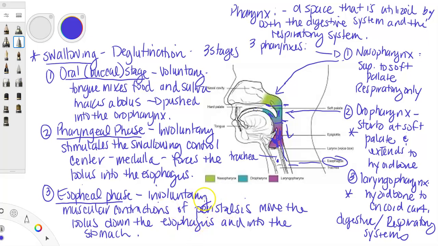There are basically, come up here, let's use a different color, I'll use red. So there are 17 muscles that contribute to swallowing. And these muscles are connected to the vagus nerve.